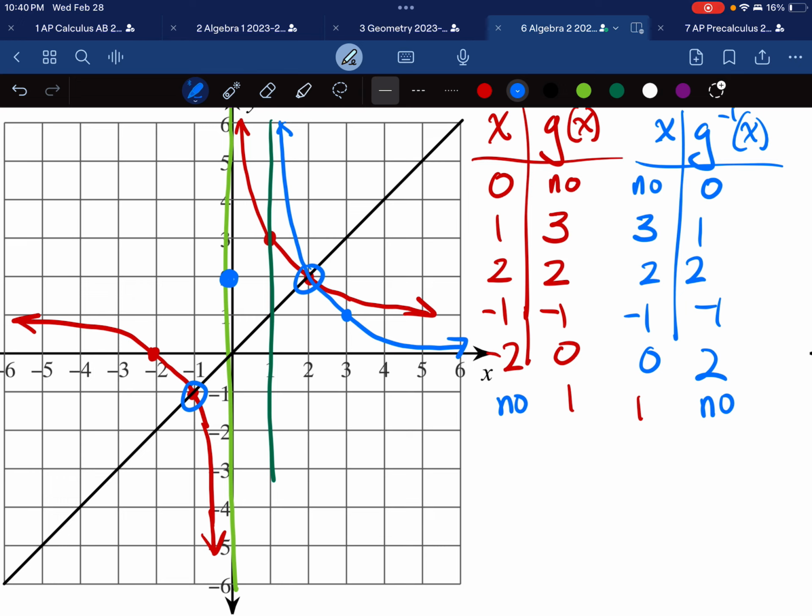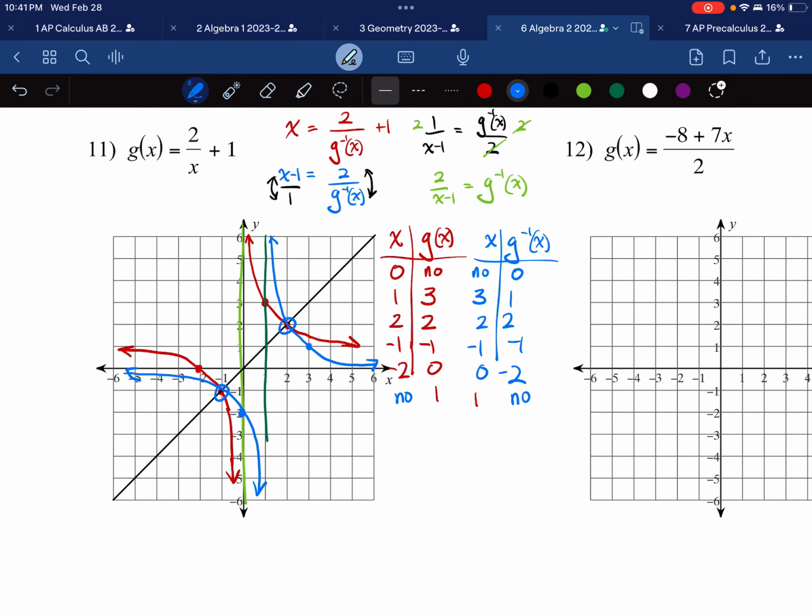This is not making sense to me. Oh, I didn't see that negative there. That's what's messing me up. 0, negative. Okay, now that makes sense. 0, -2 is that point right there. There we go. Then that means I'm getting a line that looks like that. So this one was confusing because both those lines were almost on top of each other.